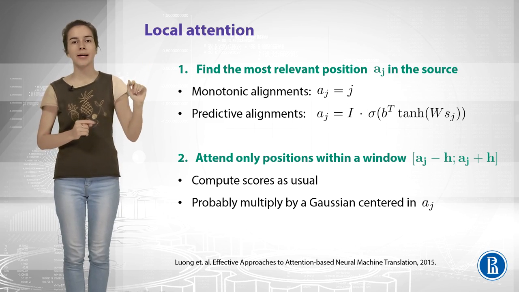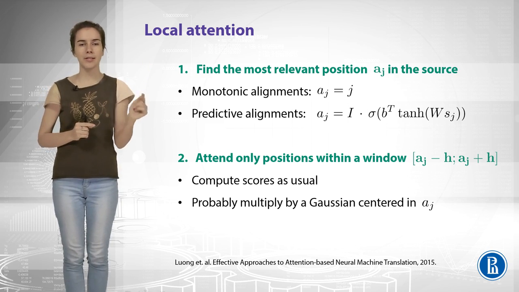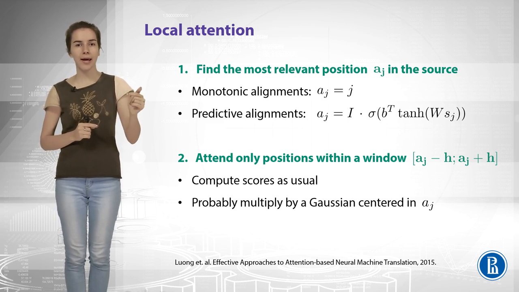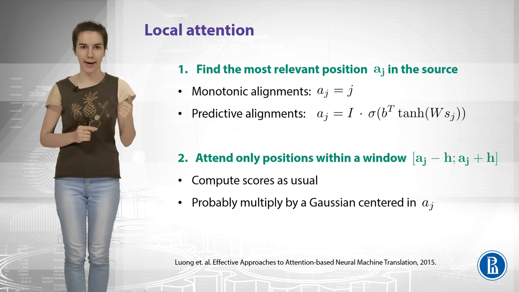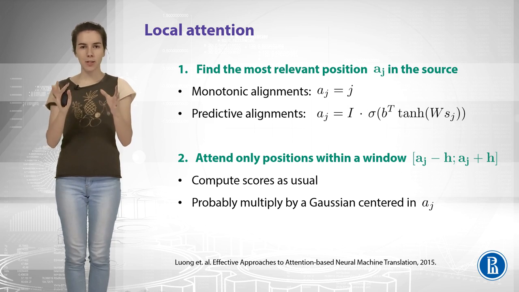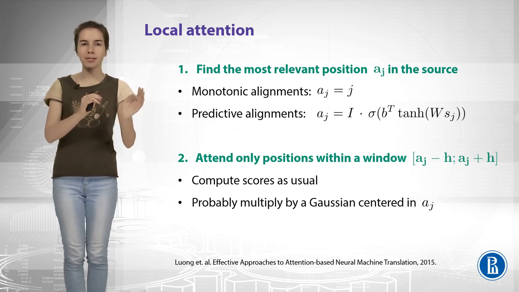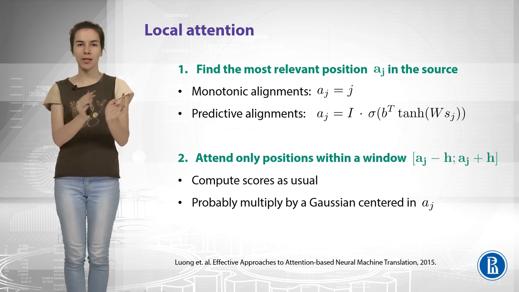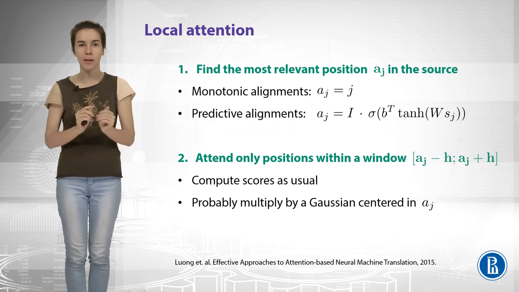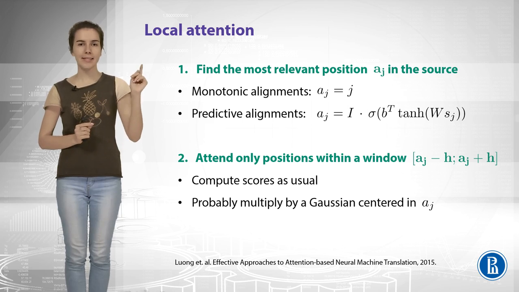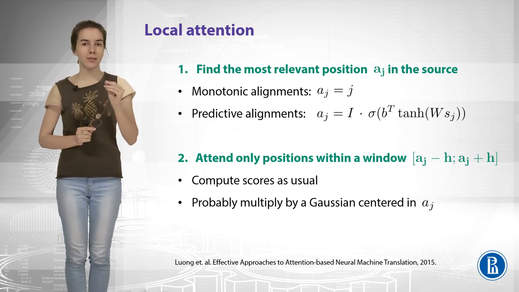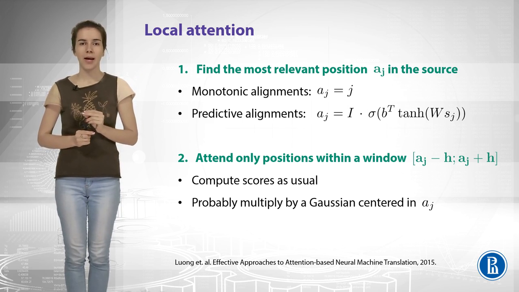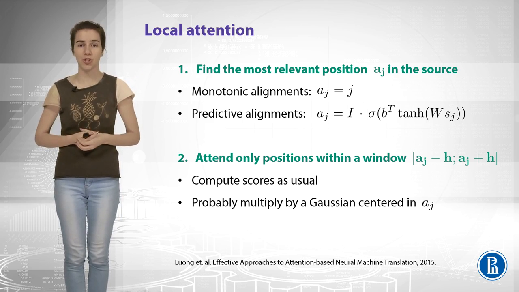This sigmoid gives you probability between 0 and 1, and then you scale this by the length of the input sentence, I. So you see that this will be indeed something in between 0 and I, which means that you will get some position in the input sentence. Now, what is inside that sigmoid? Well, you see your current decoder state s_j, and you just apply some transformations, as usual in neural networks.